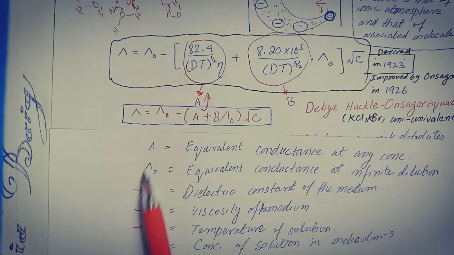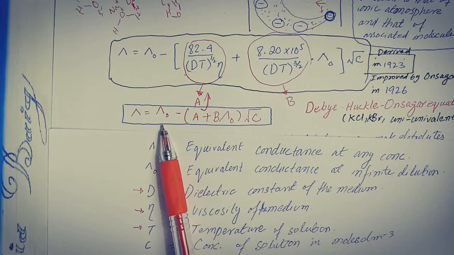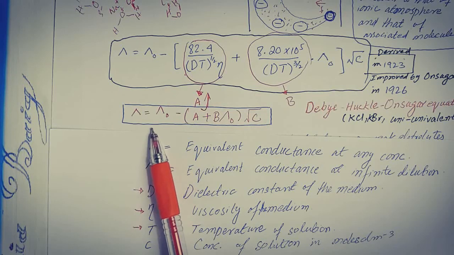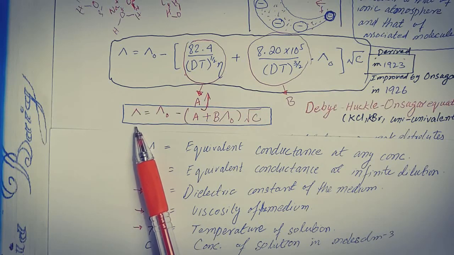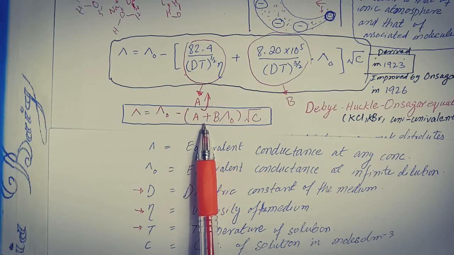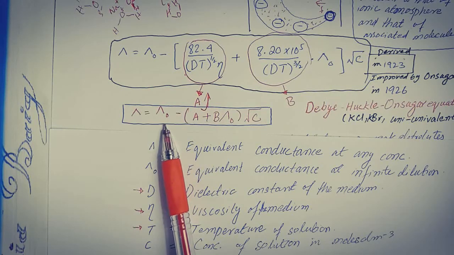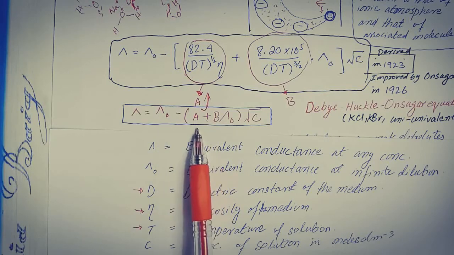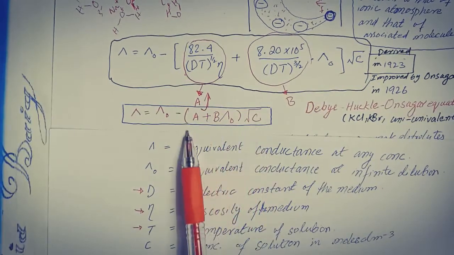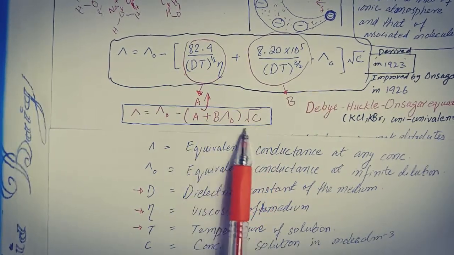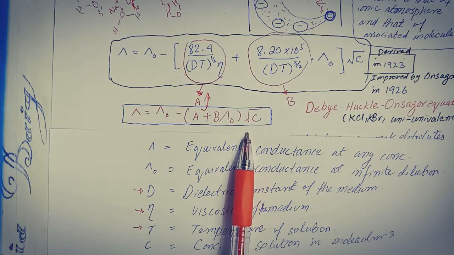In this equation we can see that the equivalent conductance at infinite dilution is always higher than the equivalent conductance at any concentration, which is obtained by subtracting from the equivalent conductance at infinite dilution the factor shown in the brackets times the square root of the concentration.